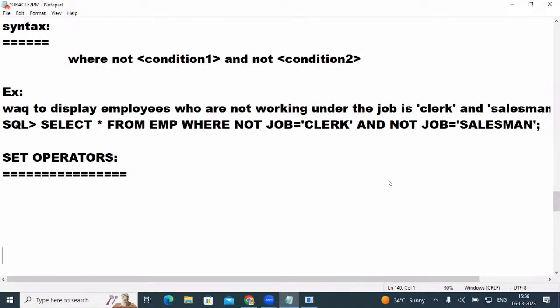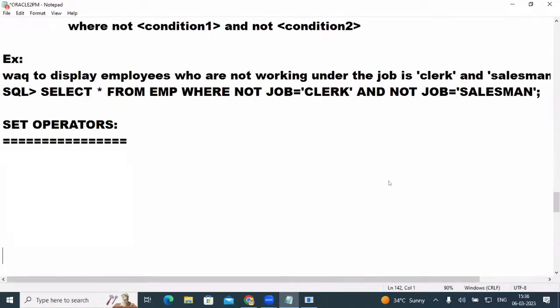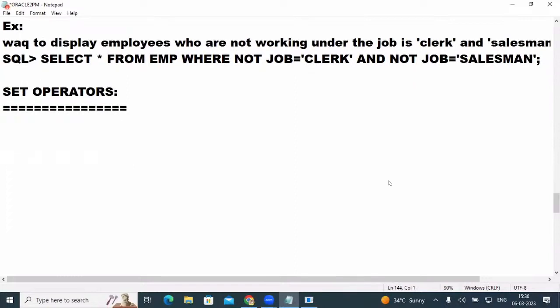Okay. Basically, set operators, how we can use. This is also one of the topics of your mathematics. In your 7th class, 8th class, you have these set operators. Anybody knows? Union, union all, yes or no?